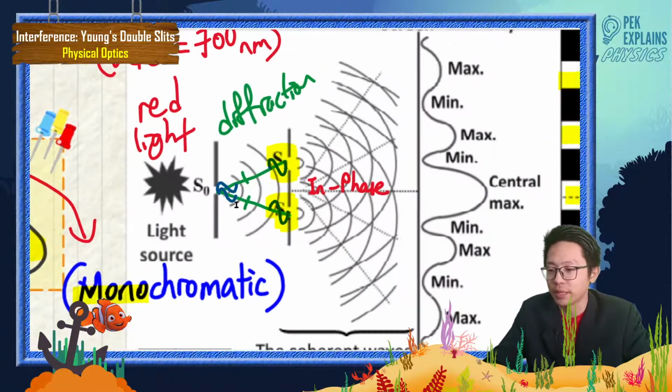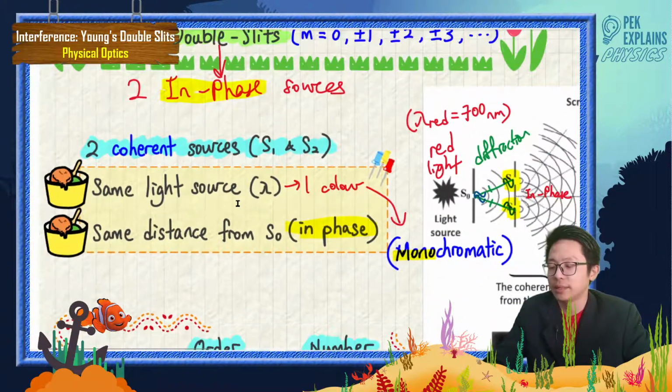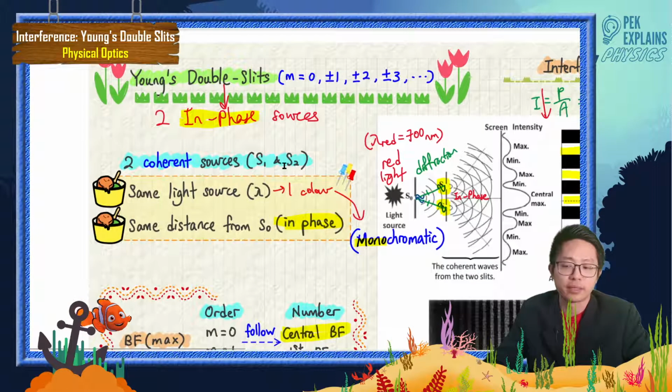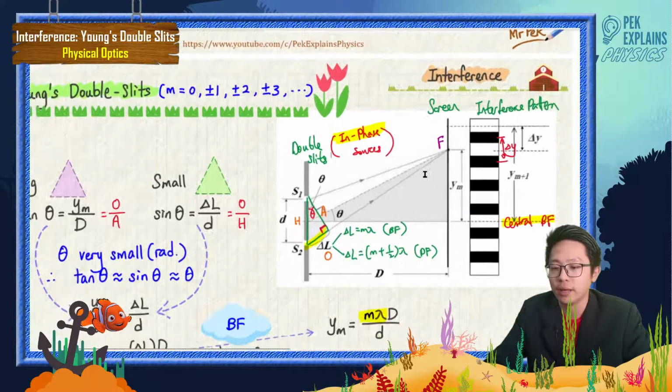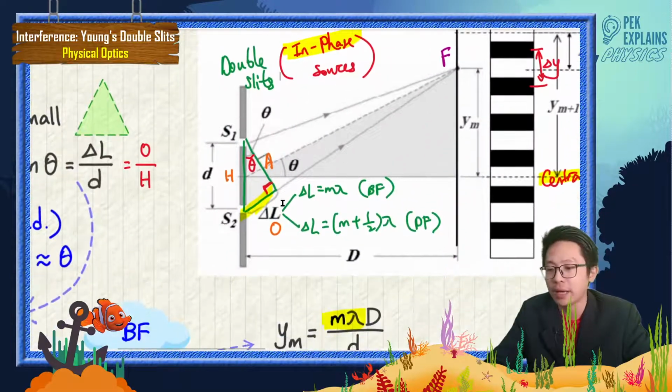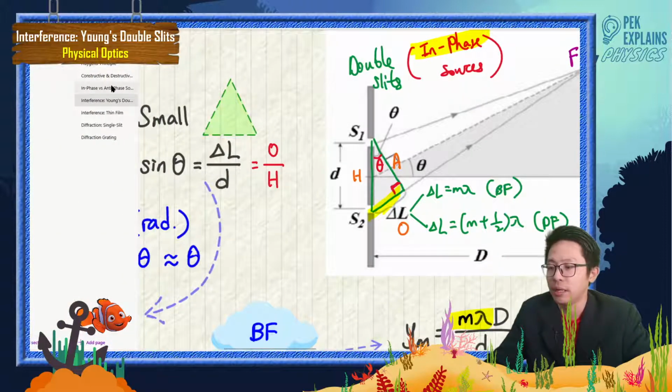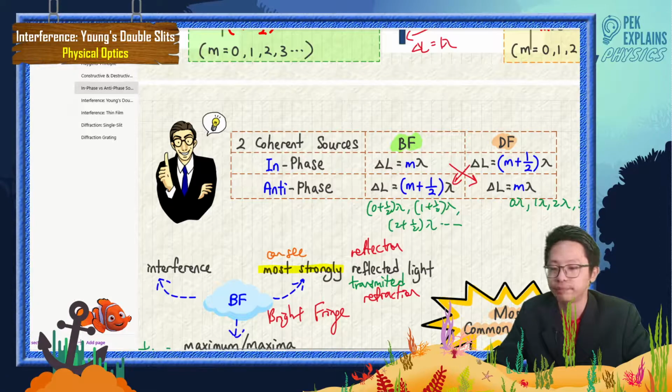Because they are the same distance away from the one source, that's why they are in phase. So Young double slit is actually two in-phase sources. That's why in the end, when delta L equals m lambda, you get bright fringe, and m plus half lambda gets dark fringe, which is what I emphasize over here.